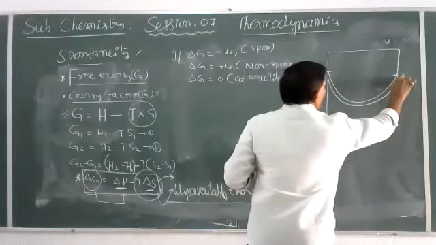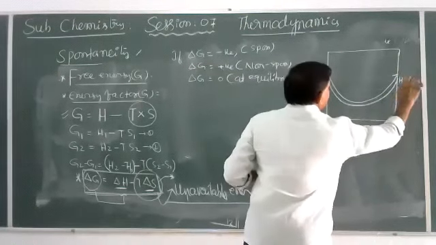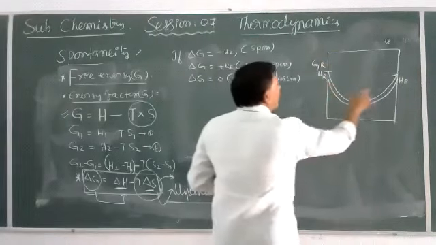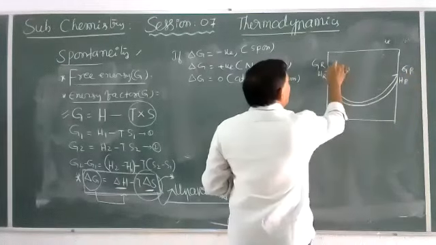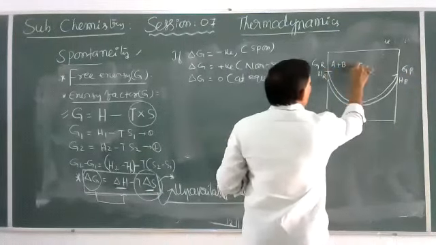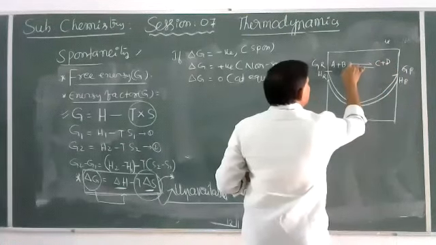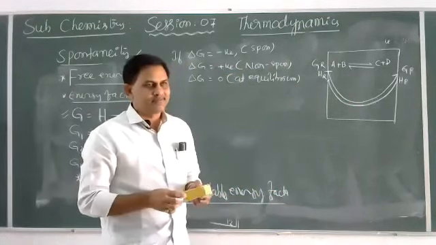This is HP, the products. Or the energy of the reactant GR and the energy of the product GP. This means A plus B slowly converts into C plus D, and again C plus D converts into A plus B. Equilibrium exists.